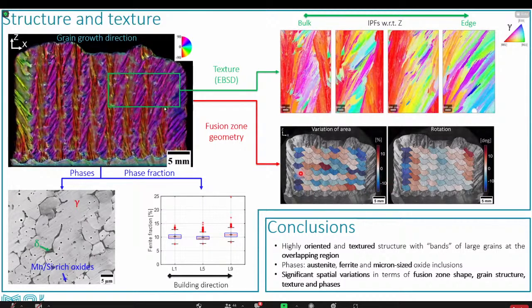The way that you're stacking the parts, or your deposition strategy itself, combined with the fusion zone geometry, controls the microstructure and consequently the mechanical properties of the part. With this, I'd like to end my short summary, and thank you for your attention.